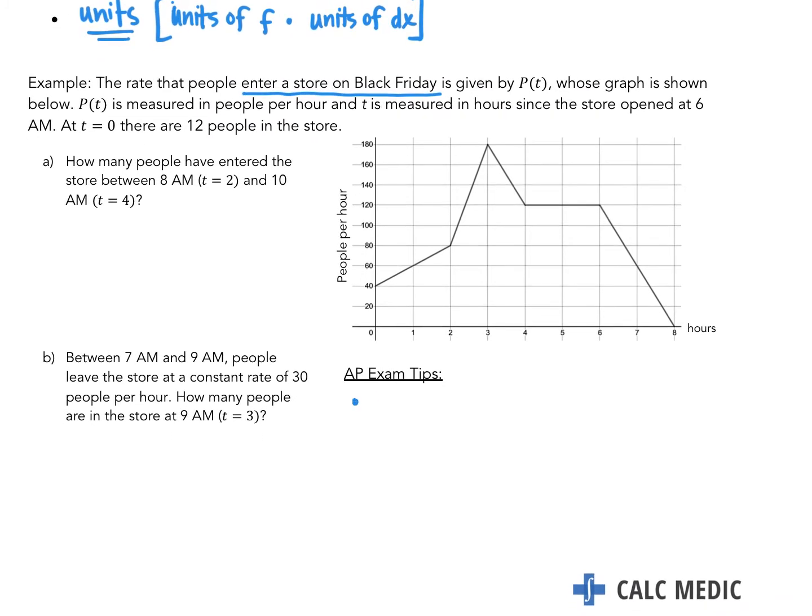FRQs often have entering and exit problems. We have to watch for both of those values. You can't just ignore the exit. Make sure that you're aware that there's probably going to be some subtraction as they cancel each other out.